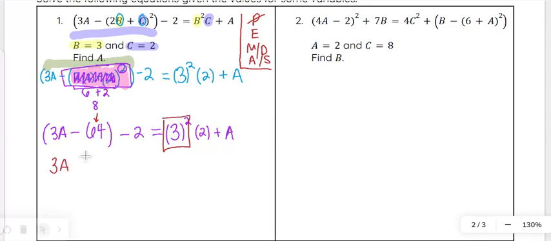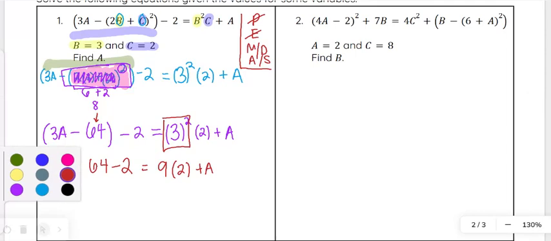In that same step, I do want to note that we can drop the parentheses on the 3a minus 64 either on the last step or now, because there's no more exponent on that, and there's no multiplication outside or anything like that. So it's just 3a minus 64 minus 2 equals, and then 3 squared is 9, and then we still have times 2 plus a. So we have our exponents completed.